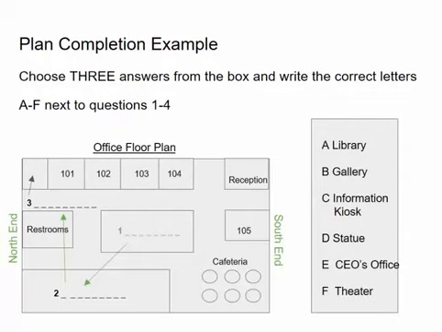We would have to listen for what they are going to use to get you started. Are they going to talk about how this particular thing is at the center of the entire complex, or is it next to the restrooms, or is it adjacent to the cafeteria? We would have to listen closely for that, but we know that the information to answer question number 1 is going to come first in the description from the speakers.